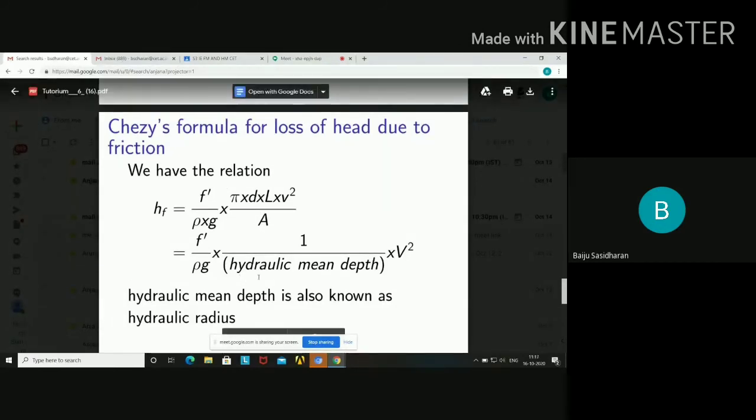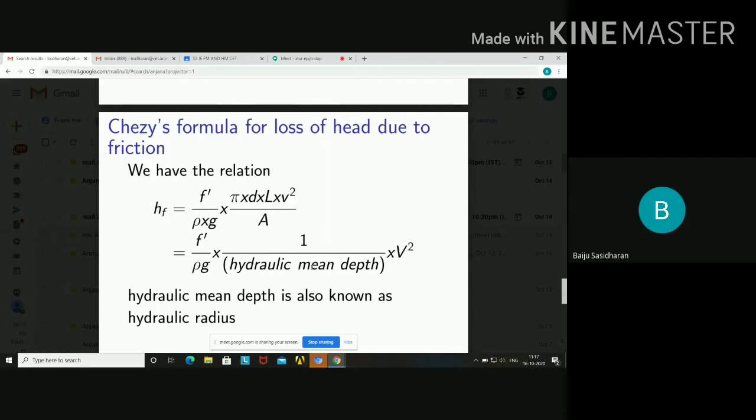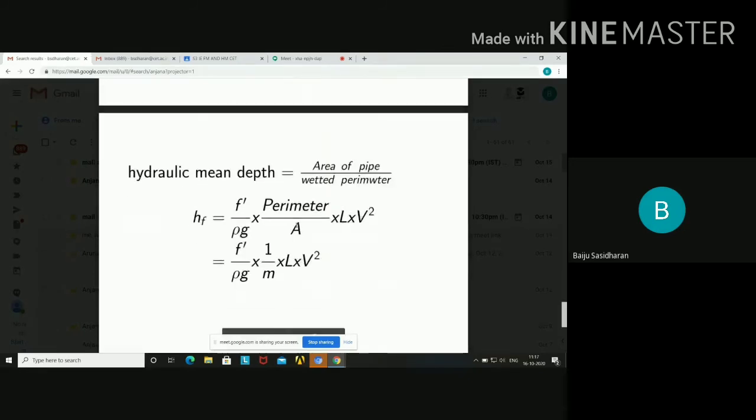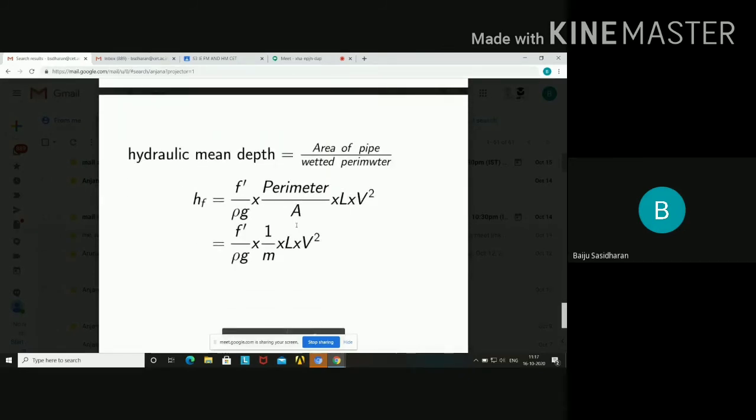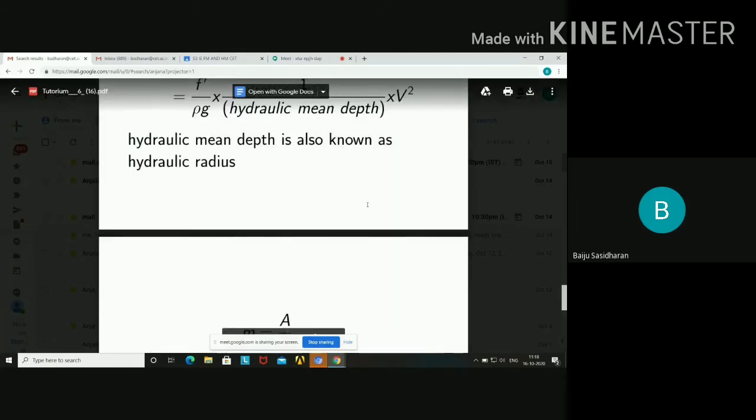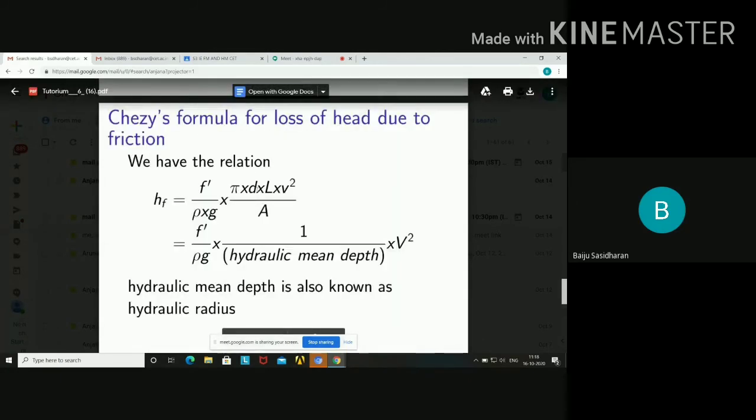That is f dash by rho g into L divided by hydraulic mean depth into V squared. Then we can see that the hydraulic mean depth is equal to area of pipe divided by wetted perimeter. That is f dash by rho g, and this time perimeter by A into L into V squared. In this expression, this pi d is the perimeter.